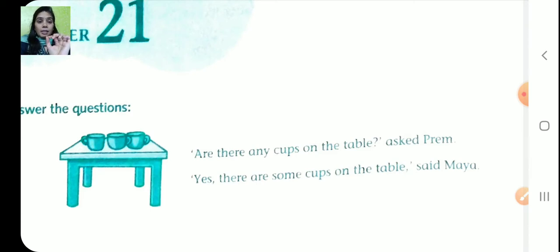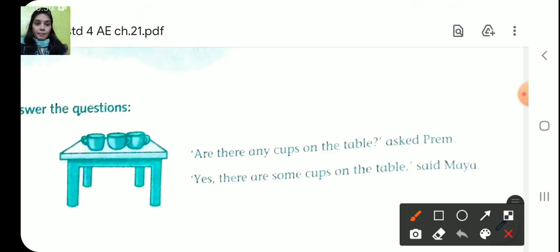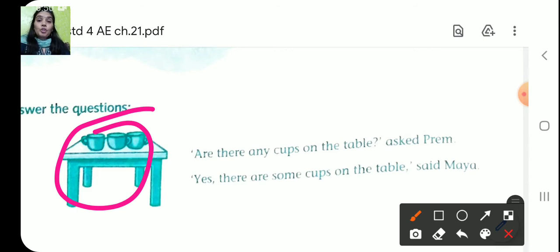Are there any cups on the table? asked Prince. You can see the cups. Yes, we can see the cups. How many cups? 1, 2, 3. But you're not going to count and write. Yes, there are some cups on the table. Yes, there are.